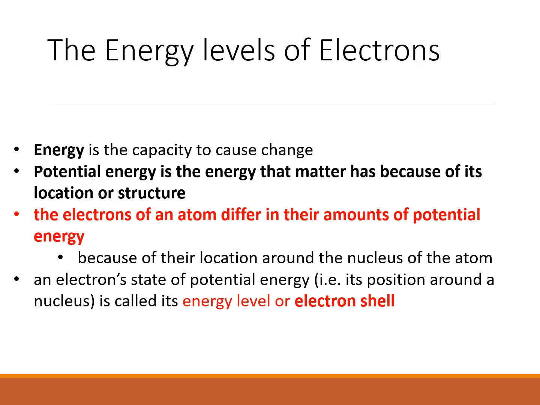Each electron has a very specific location around the nucleus of an atom, and that location is associated with a specific amount of potential energy. So each atom with its various electrons at very specific locations has a certain amount of potential energy. An electron's state of potential energy is called its energy level or its electron shell.